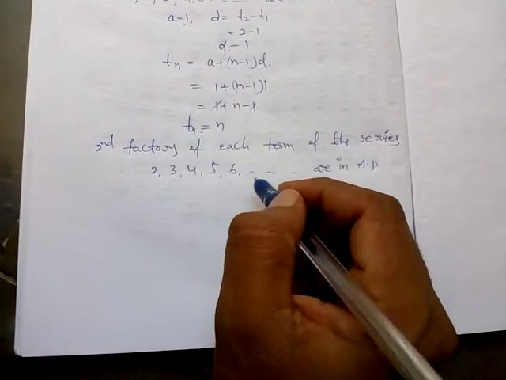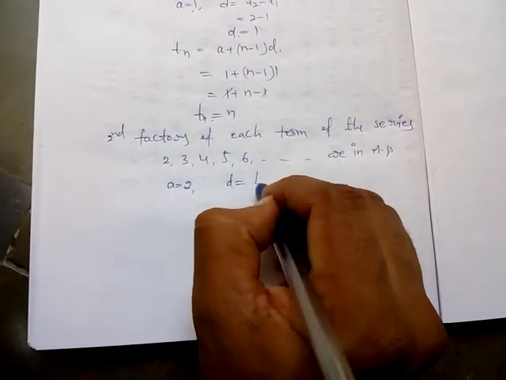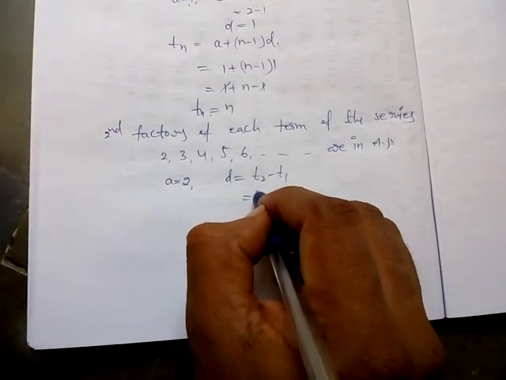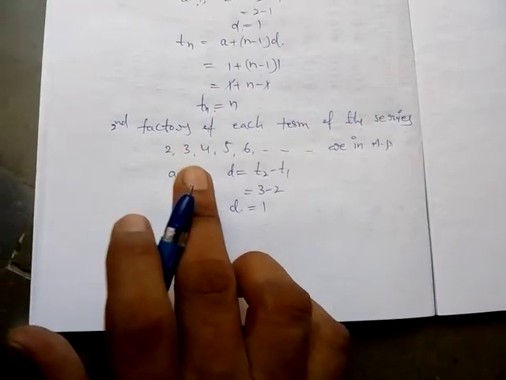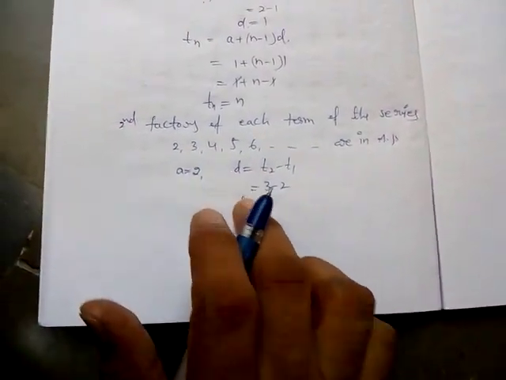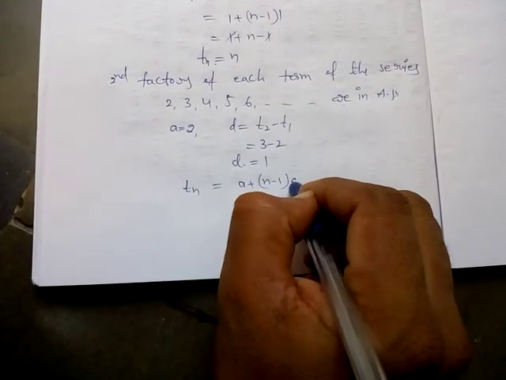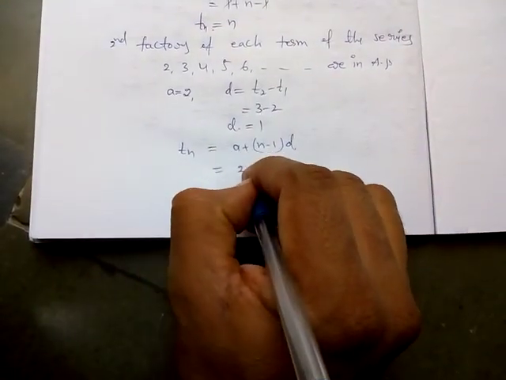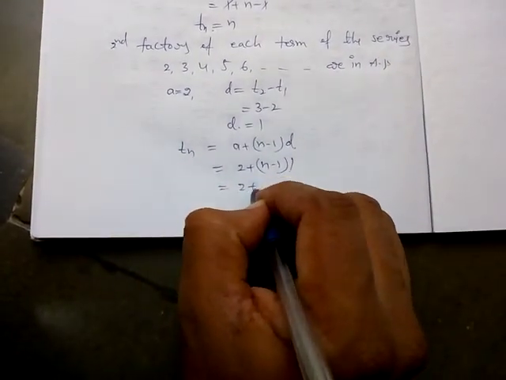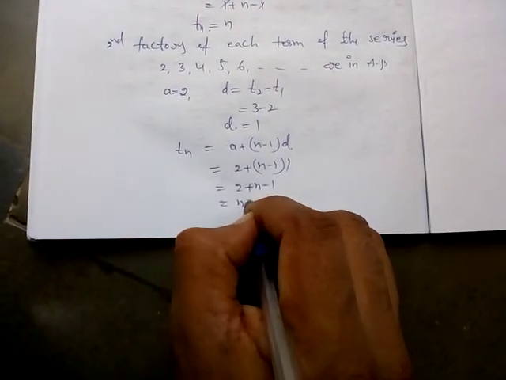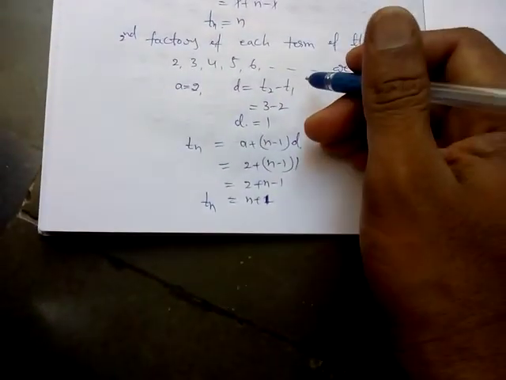Here the first term A is equal to 2, and the common difference D is equal to T2 minus T1, so 3 minus 2 becomes 1, D is equal to 1. So here also find the nth term of the series. Tn is equal to A plus n minus 1 into D, so 2 plus n minus 1 into 1, which gives n plus 1. This is the nth term of the second factors.